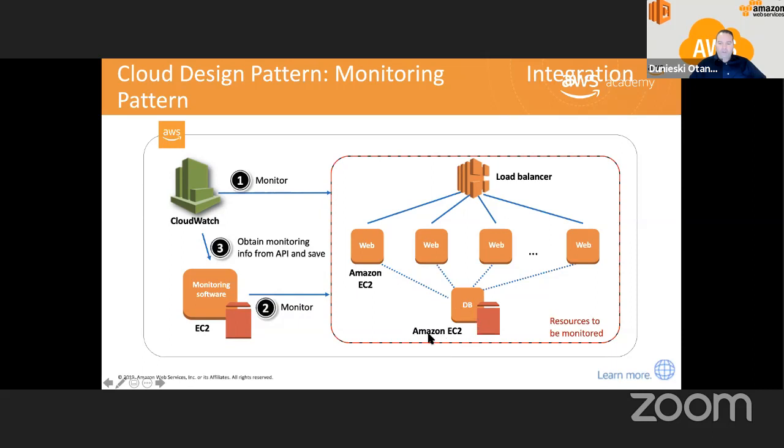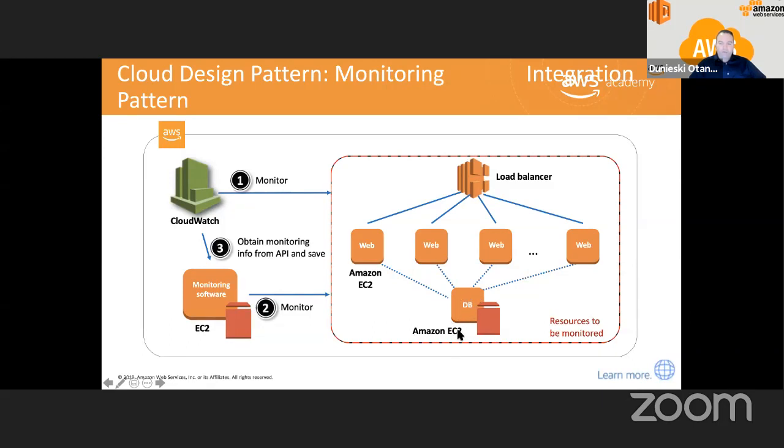You can have a database on top of RDS, or you can have a database on top of an EC2 instance. The only difference is that if you have the database on top of RDS, RDS is managed by AWS, so you don't have to worry about anything on that line.